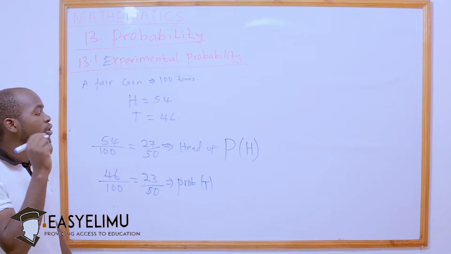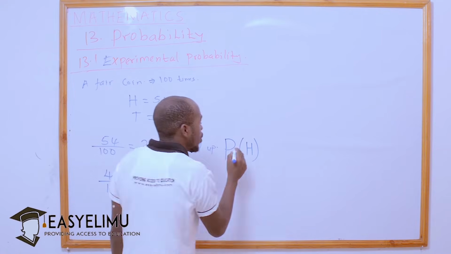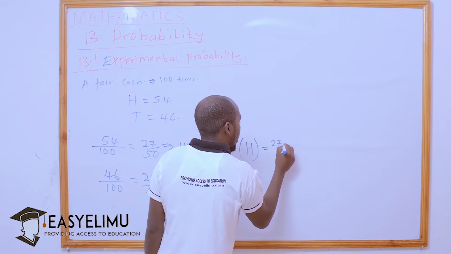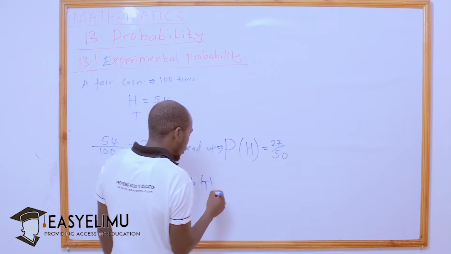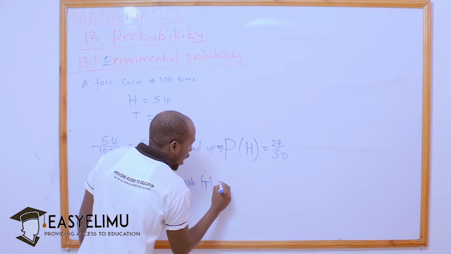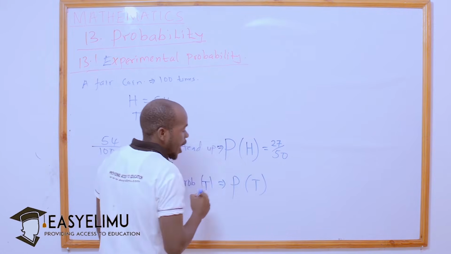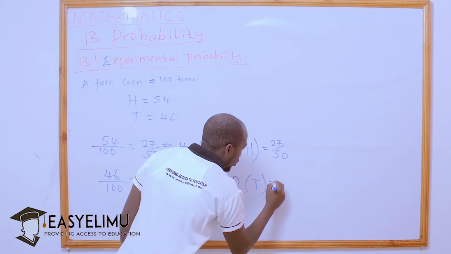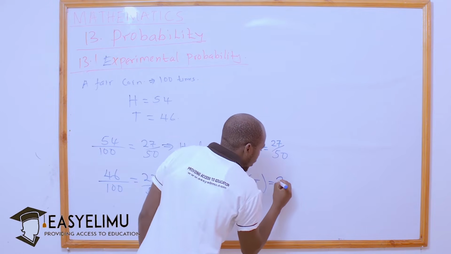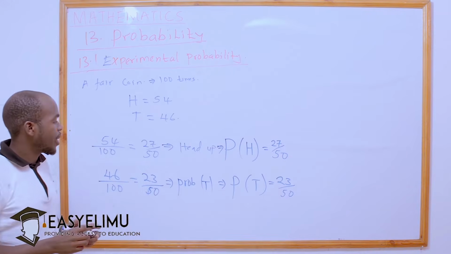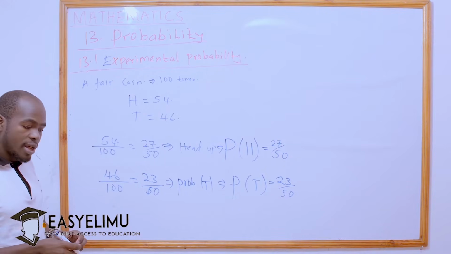So the probability of finding a head, you can write as 27 over 50. And the probability of a tail showing up will be equal to 23 over 50. Now that is how we write the probability.